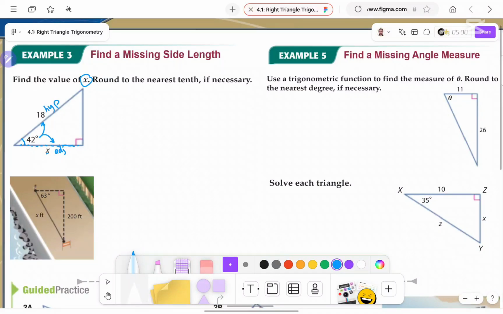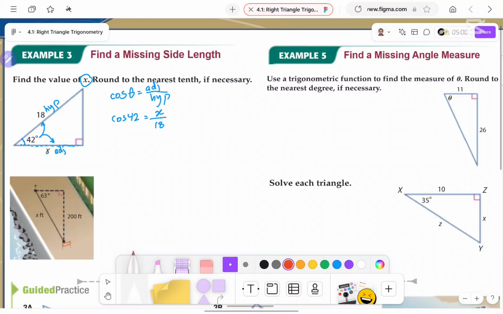Which trigonometric ratio has adjacent and hypotenuse? It's cosine. Cosine theta is equal to adjacent over hypotenuse, which means cosine 42 equals x over 18.